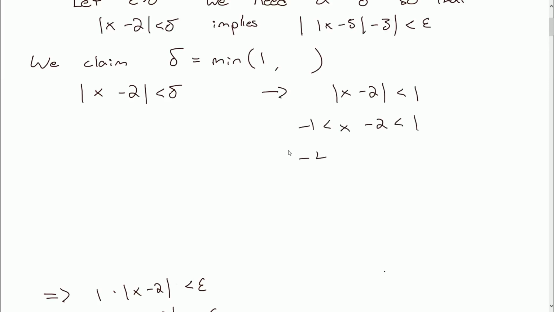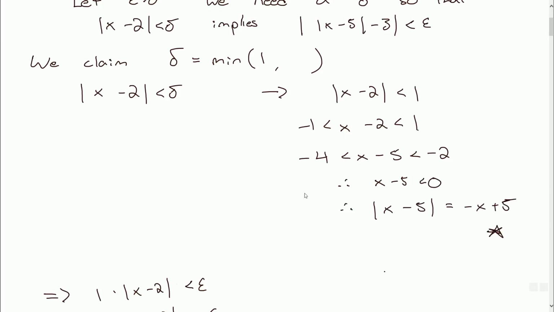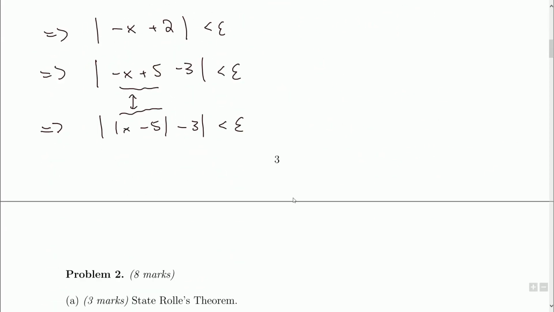We subtracted 3 from both sides. And so we were able to guarantee that the absolute value of x minus 5 is negative x plus 5. And I might call this relationship star. Where did we use star? Well, we used it further down the page to go between these two.